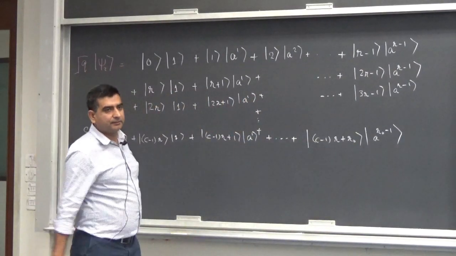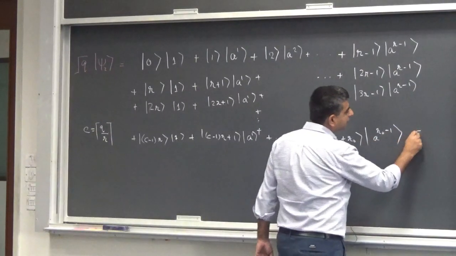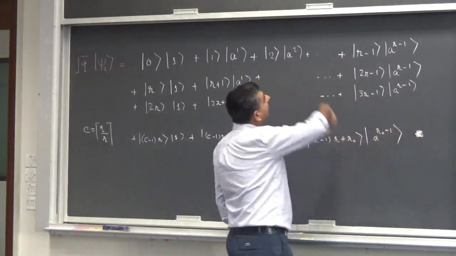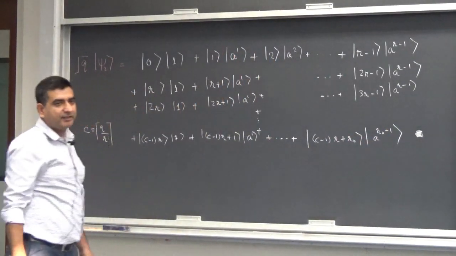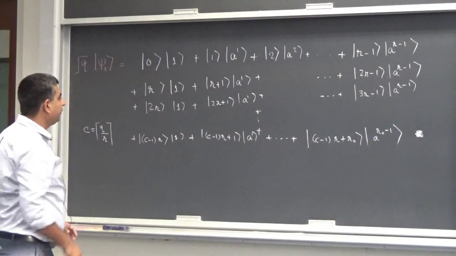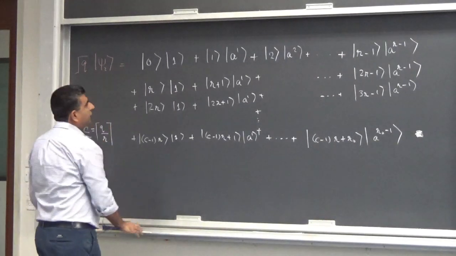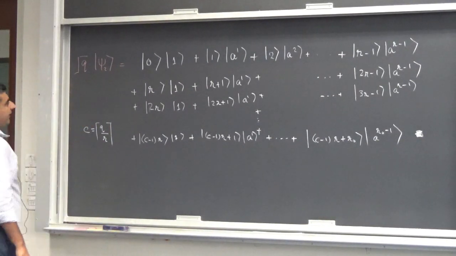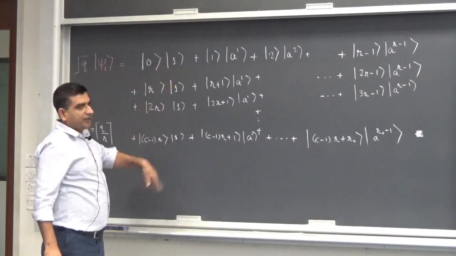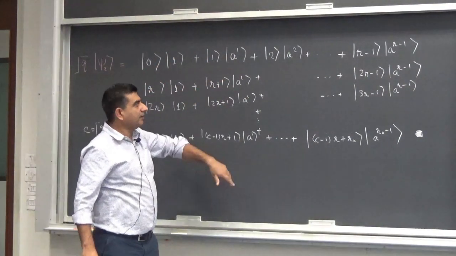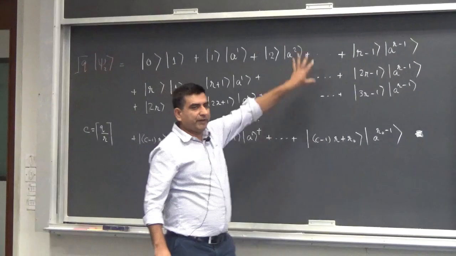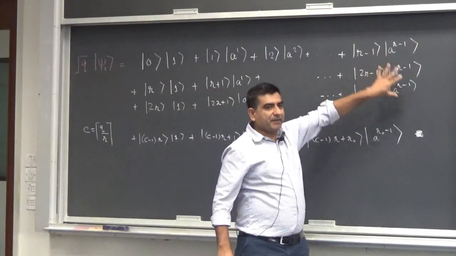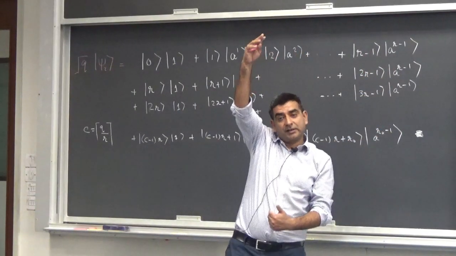That's it. So this is the structure of the quantum state at the point 2, isn't it? Now when you do a measurement, you might collapse the second register into a raised power 0 or a raised power 1 or a raised power 2 or a raised power 3 or some a raised power r1.